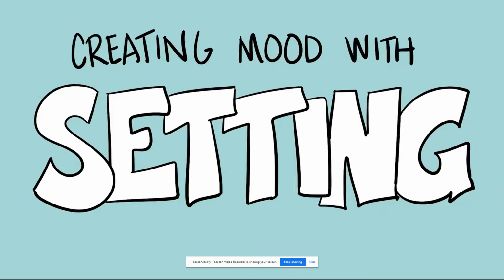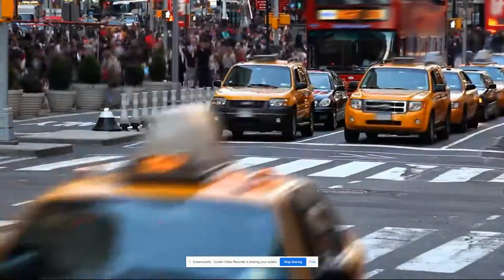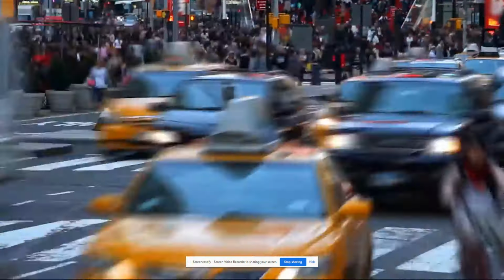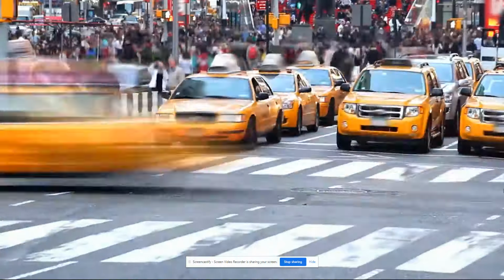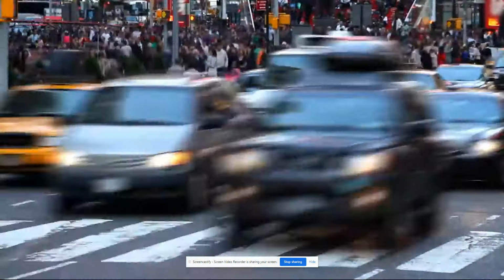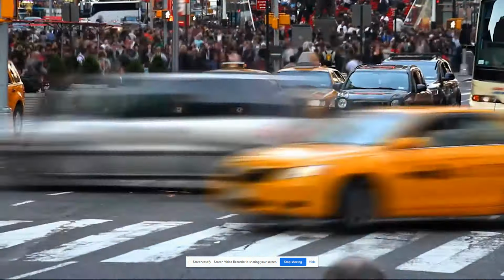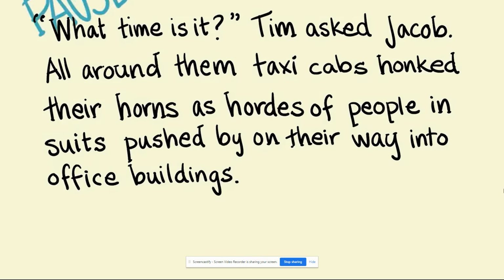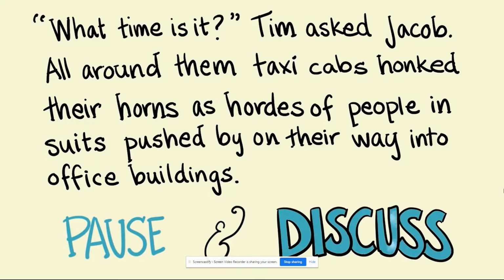The setting of a story also plays a big part in creating mood. Like in this scene. "What time is it?" Tim asked Jacob. All around them, taxicabs honked their horns as hordes of people in suits pushed by on their way into office buildings. What is the setting? What mood does the setting create?